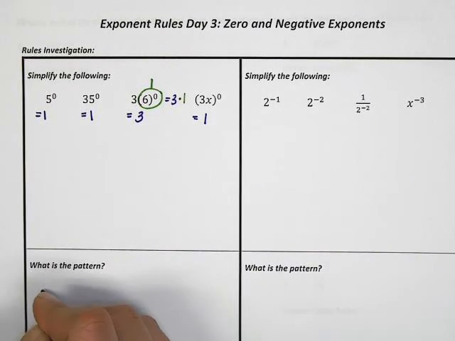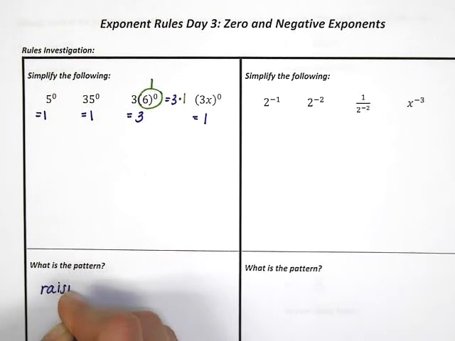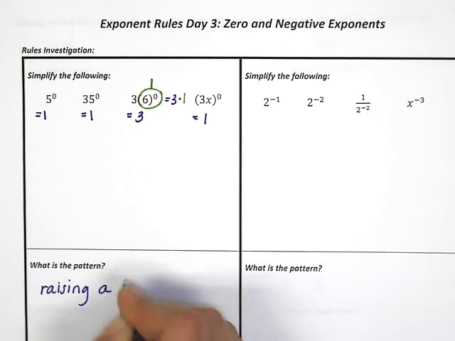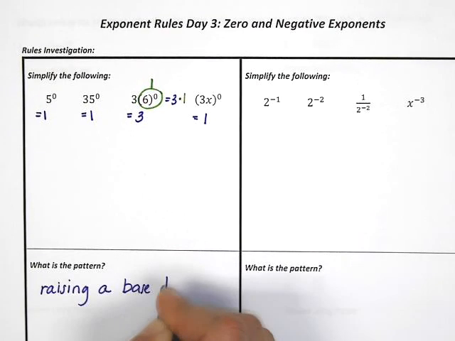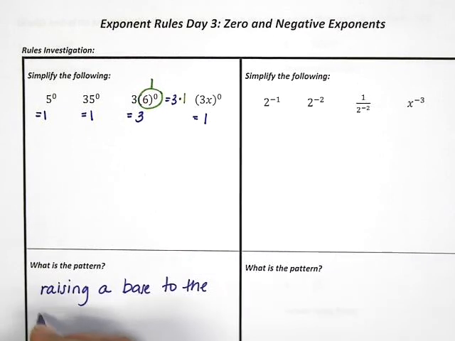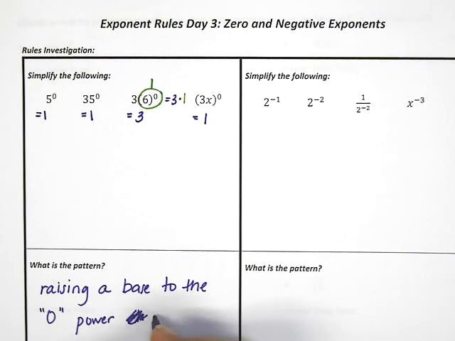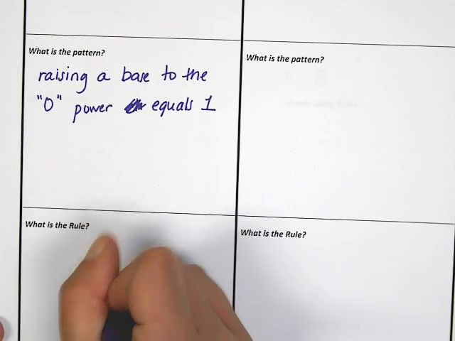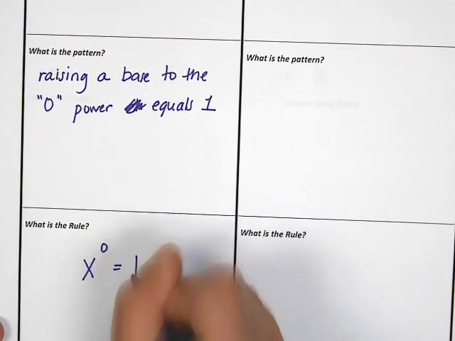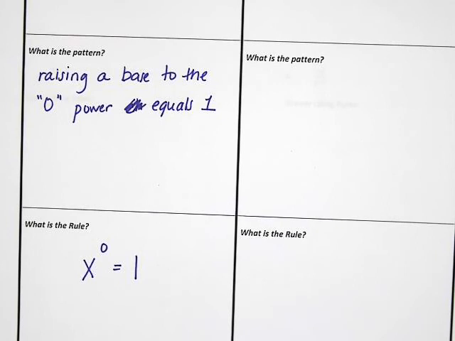The pattern is that raising a base to the 0 power equals 1. Sometimes mathematically what we write is x to the 0 equals 1. No matter what the base is, when you raise it to the 0 power, you get 1.